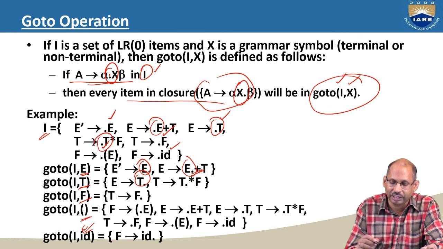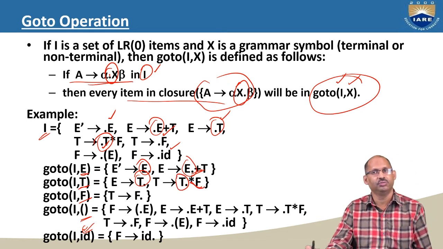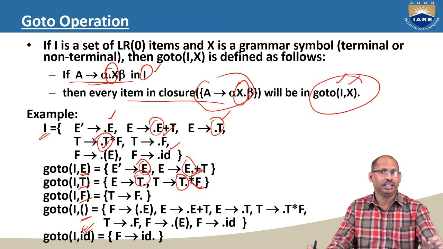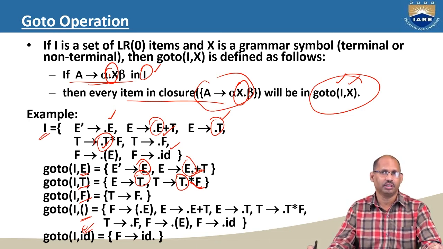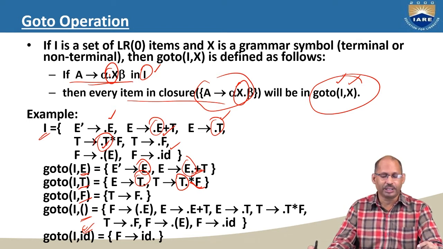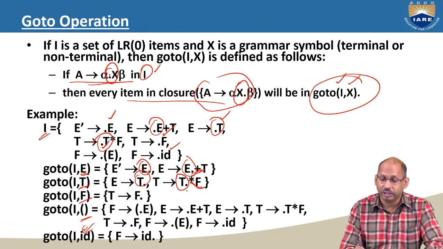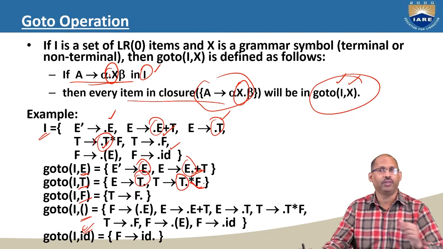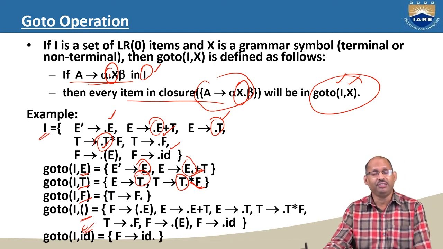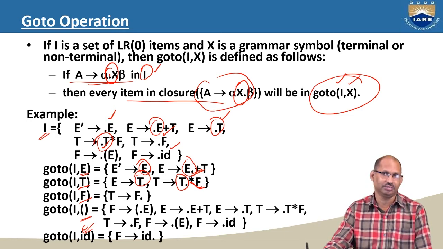Next, dot T multiplication F becomes T dot multiplication F. So Goto(I, E), then Goto(I, T): dot T has become T dot, and dot T multiplication F becomes T dot multiplication F. Since in these two the dot is followed by a terminal, we are not adding any more productions.